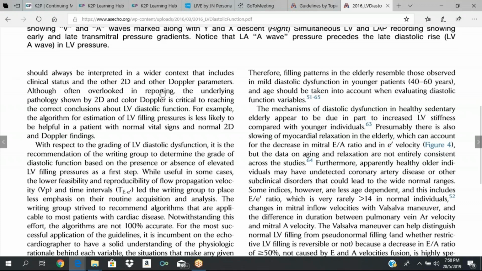So you shouldn't make an assessment of diastolic dysfunction without taking into consideration the clinical status of the patient, the 2D and the Doppler parameters. Although often overlooked in reporting, the underlying pathology shown by 2D and color flow Doppler is critical to reaching the correct conclusions about LV diastolic function.